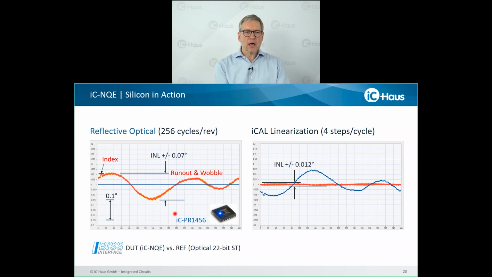And the data comes from a device chain. There's our device under test plus a reference encoder in the chain, so the data is evaluated by the NQE GUI. So this is a typical INL reading for this reflective sensor. Well, employing iC-linearization, you can really get it down to impressive values.